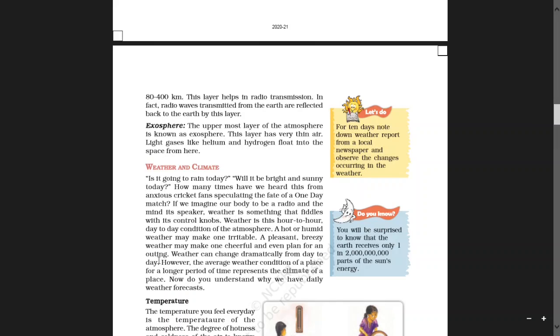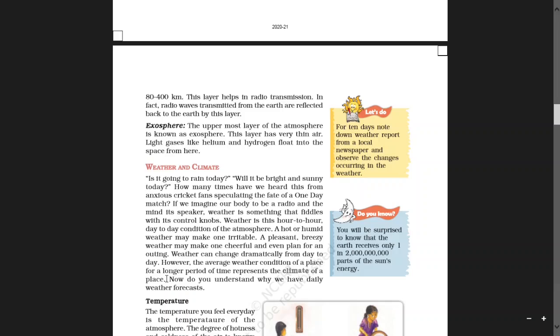Weather can change dramatically from day to day. However, the average weather condition of a place for a long period of time represents the climate of a place.